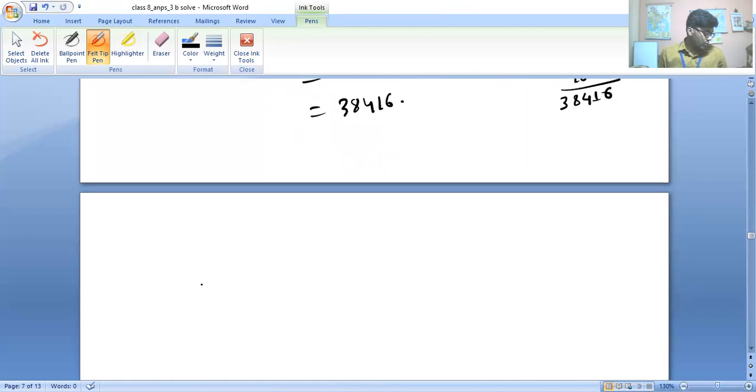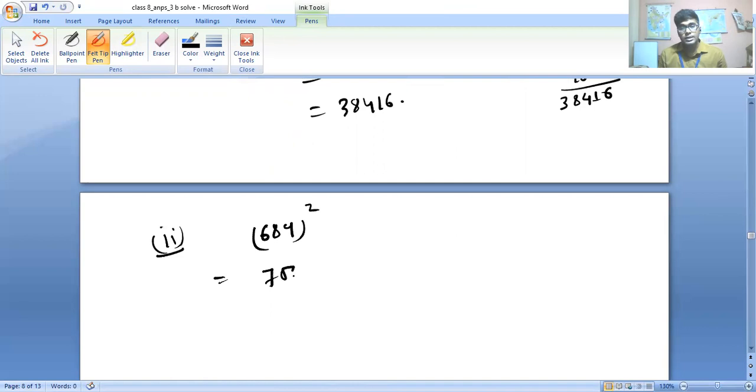Let us move on and do question number 2 then by using the a minus b whole square formula. So what is here? 689. So remember, we have to make it into a minus b form.